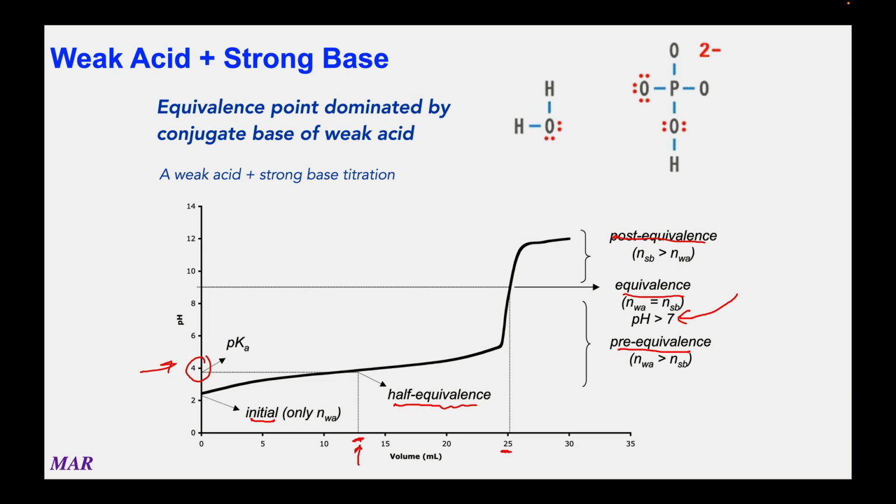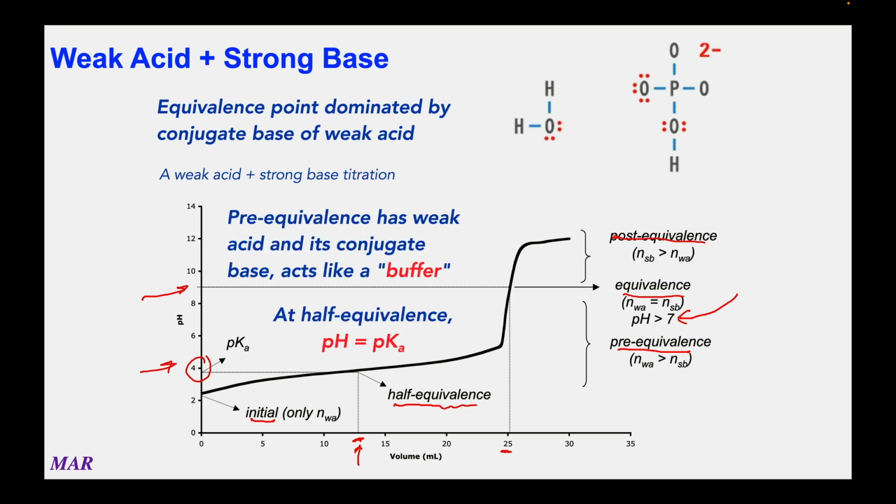It'll be greater than 7. So for this particular problem, it looks like the pH is close to about 9. That's basic. So if you don't know if your acid is strong or weak, do a titration. If the equivalence point is greater than 7, you've got a weak acid, which is by far more common than a strong acid, which should give you an equivalence point pH of about 7.